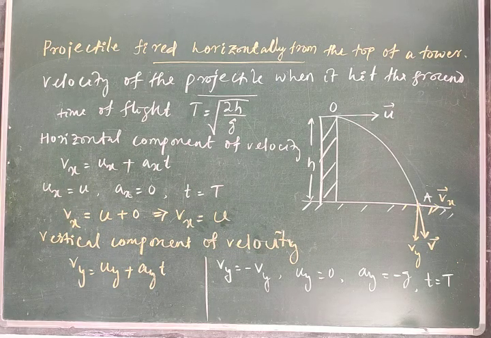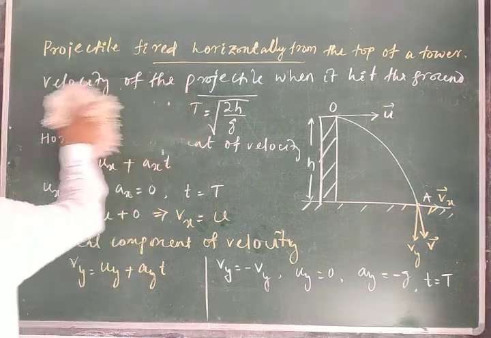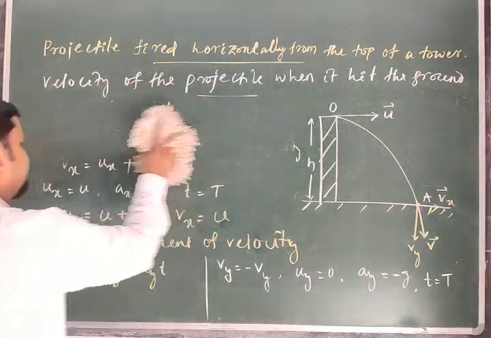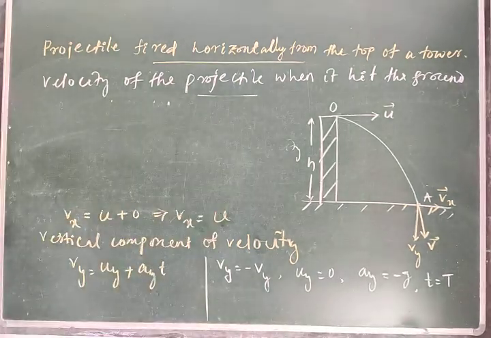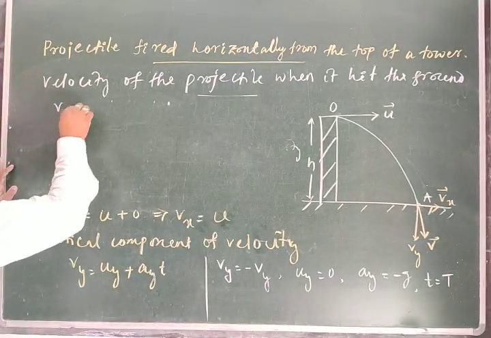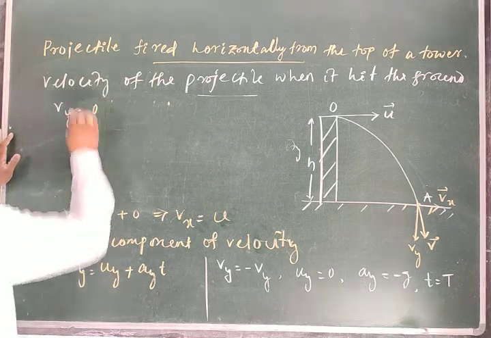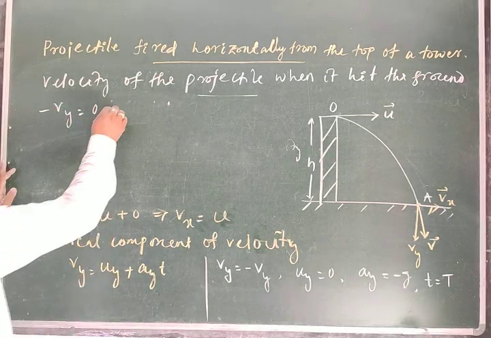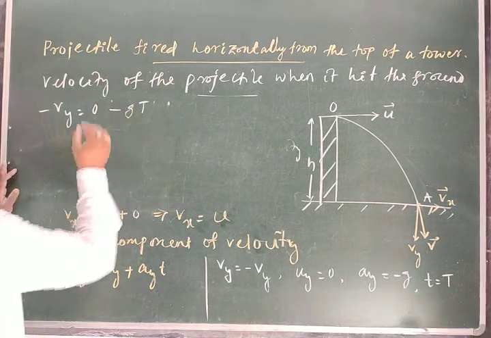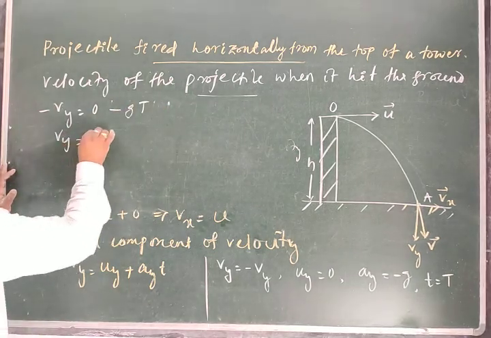According to that, if I put here Vy, I will get, uy is 0, so this is obviously minus Vy according to sign convention, equal to minus g into t, or Vy is equal to g times t.